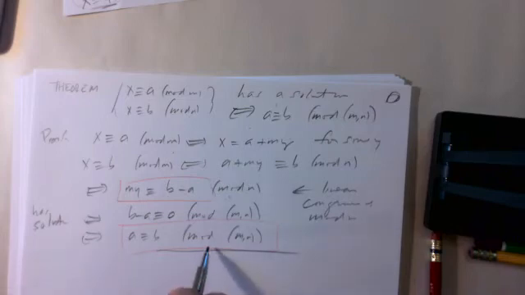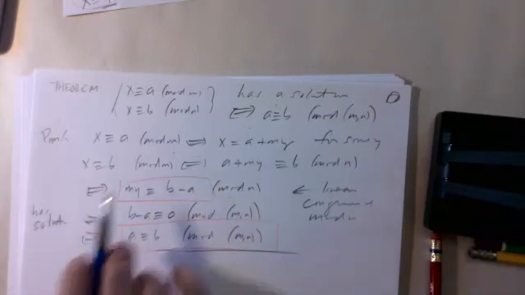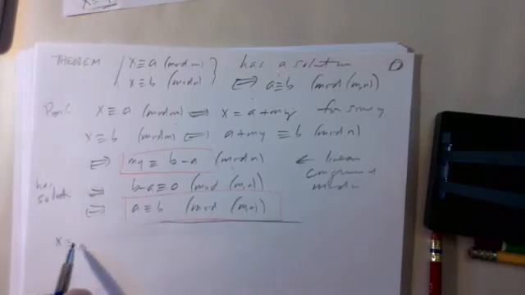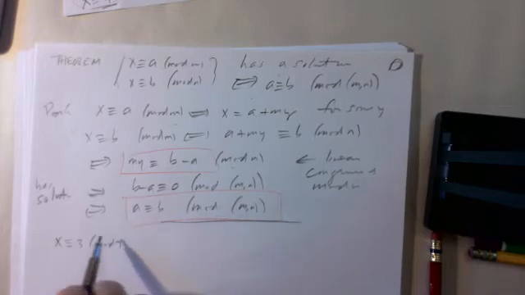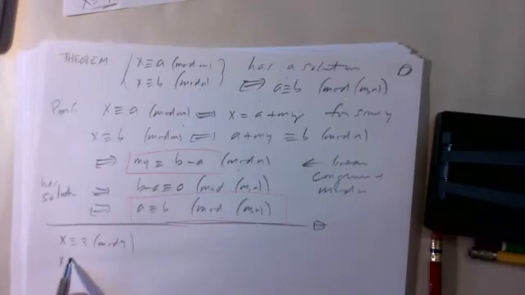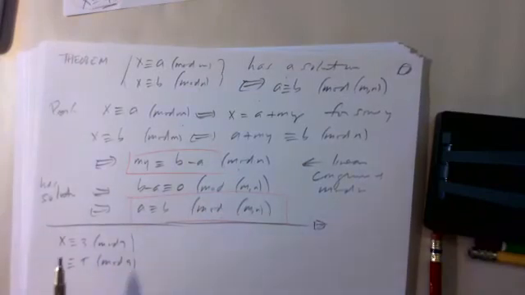Now, suppose this condition is satisfied and we want to find all solutions. Well, maybe before I do that, let's work another example. Suppose I have the system x congruent to 3 mod 7 and x congruent to 5 mod 9.